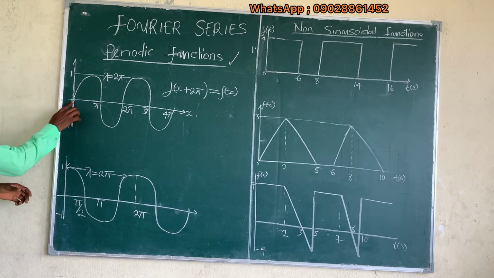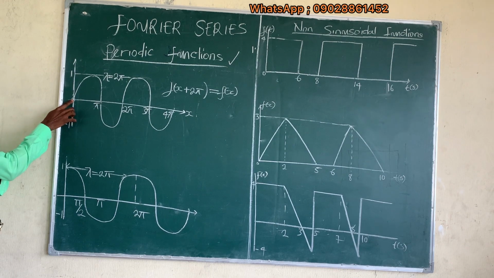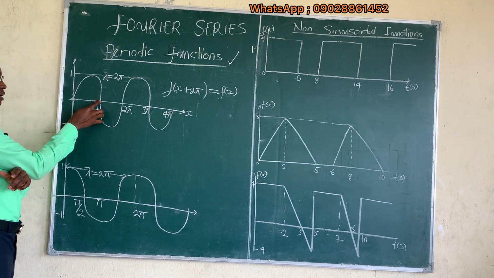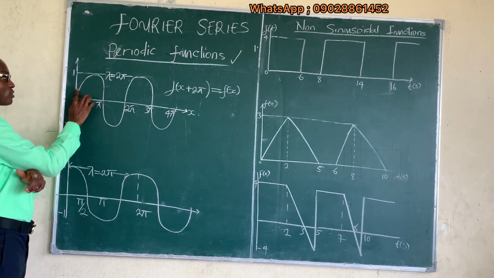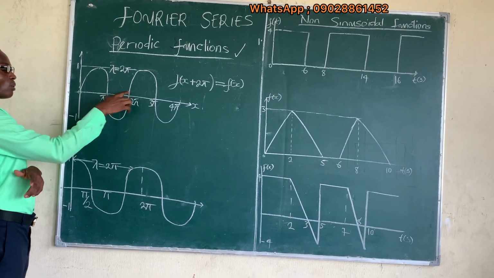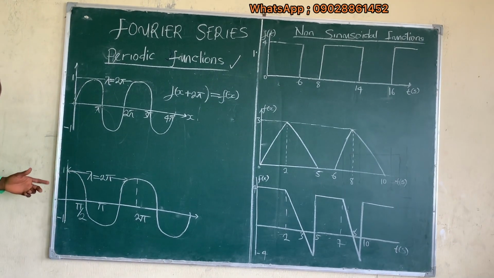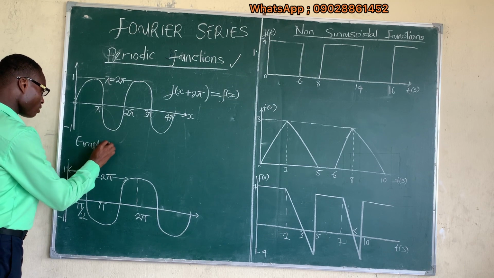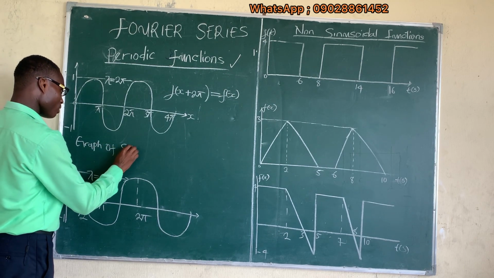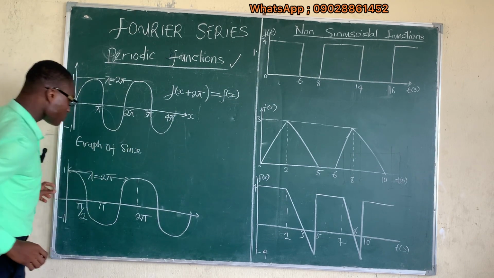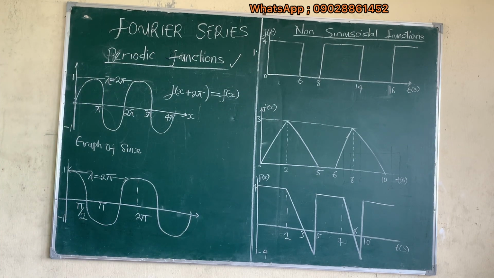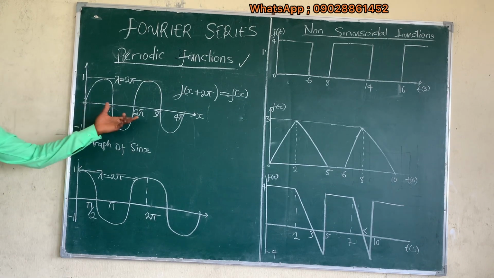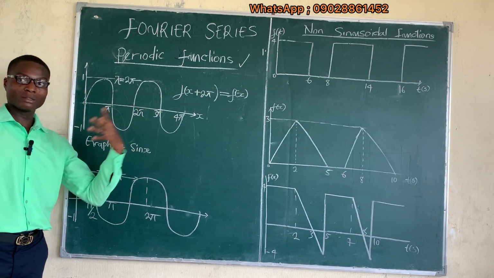So for the sine graph, we start from the origin to pi, and to complete the oscillation we start from pi to 2 pi, because if from here to here is 180, from here to here must be 360. So this is the graph of sine x, where x is at periods pi, 2 pi, 3 pi, 4 pi to infinity.